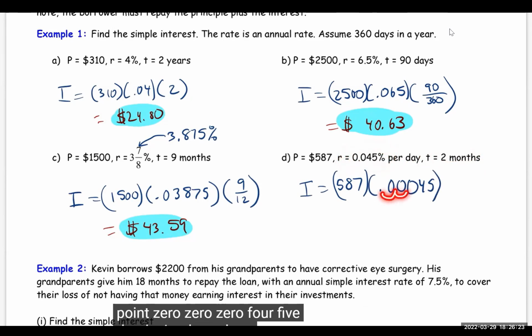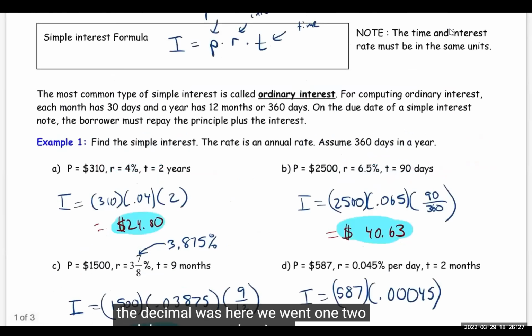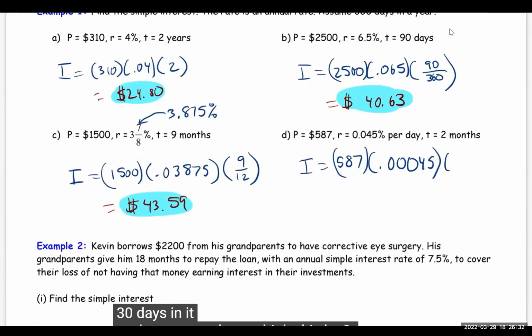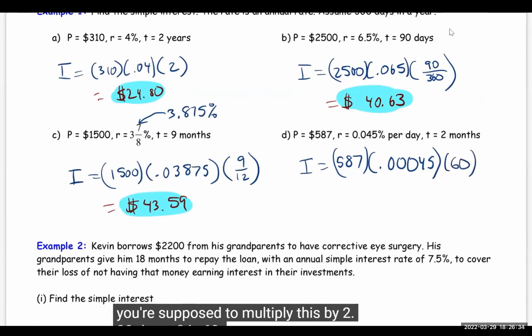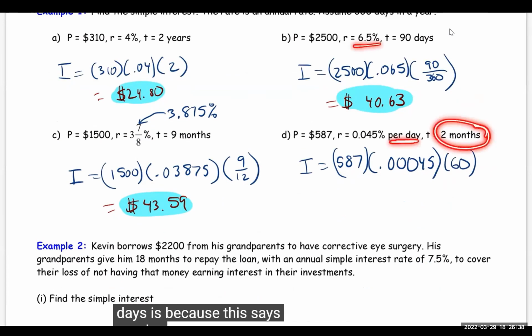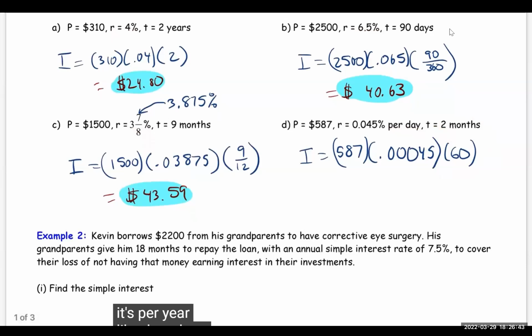Then 2 months, since each month has 30 days in it, you're supposed to multiply 30 times 2, which is 60. The only reason we converted this to days is because this says per day. If it doesn't say anything, then it's per year, like the others. If we do this on our calculator, we get $15.85.